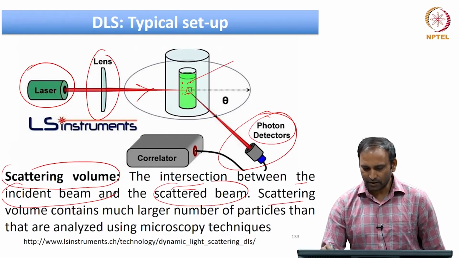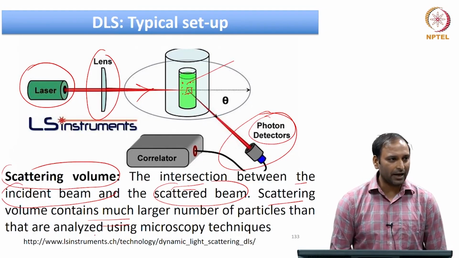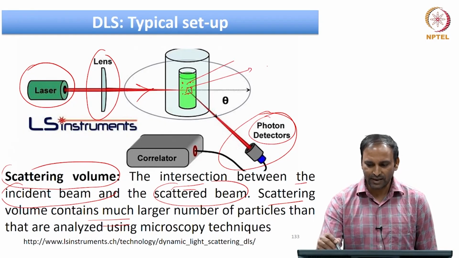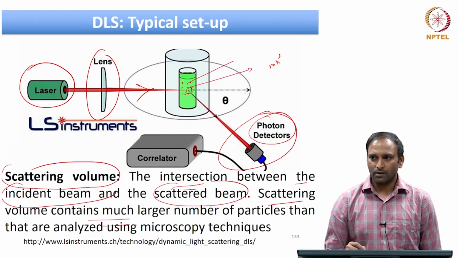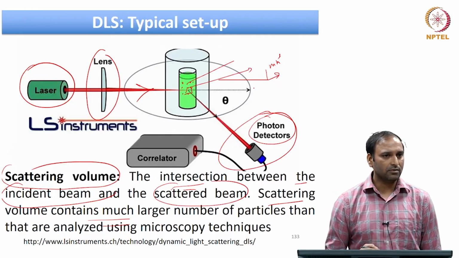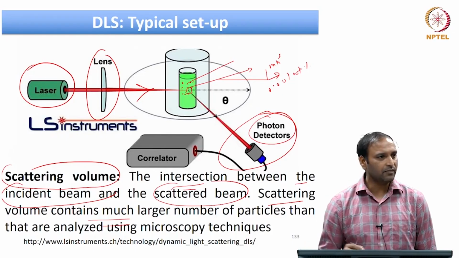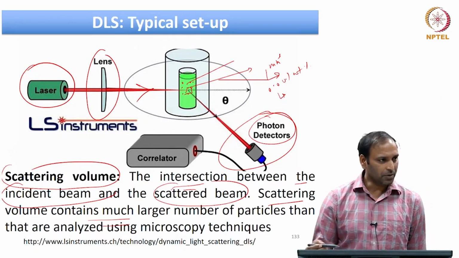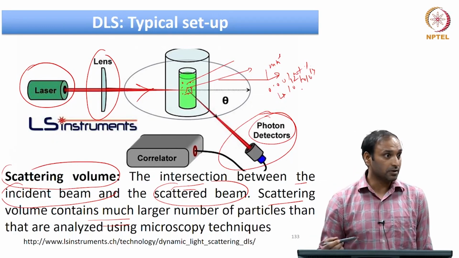Even if it is of the order of a millimeter cube volume, it will have a really large number of particles. Even if you take a 0.001 weight percentage sample, the number of particles in 1 ml would be as high as 10 power 12 to 10 power 14 particles.